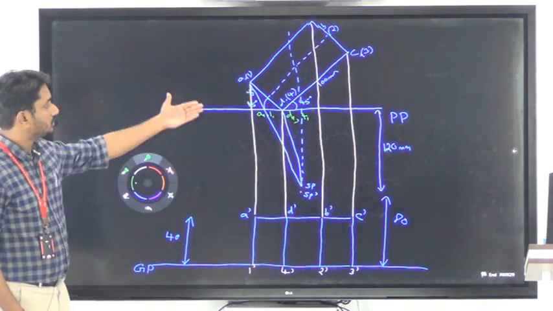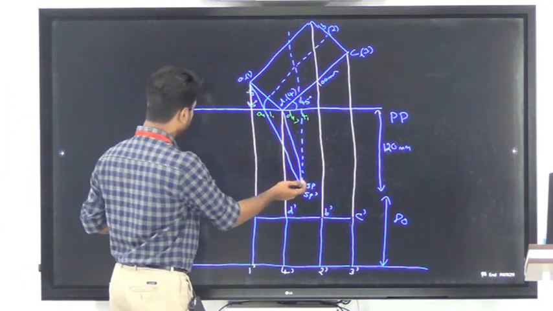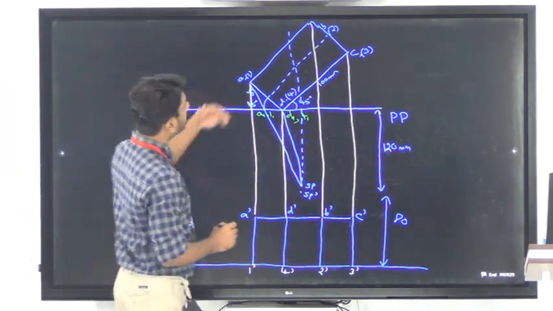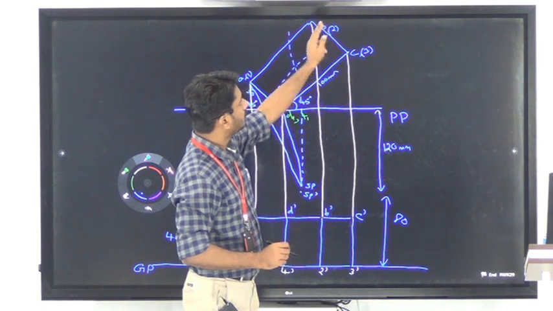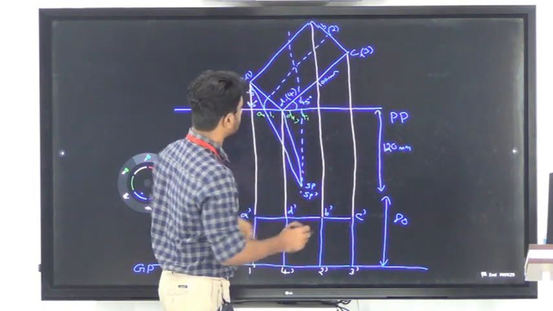Then we are joining the top view of the station point with the points B, C, 2 and 3.